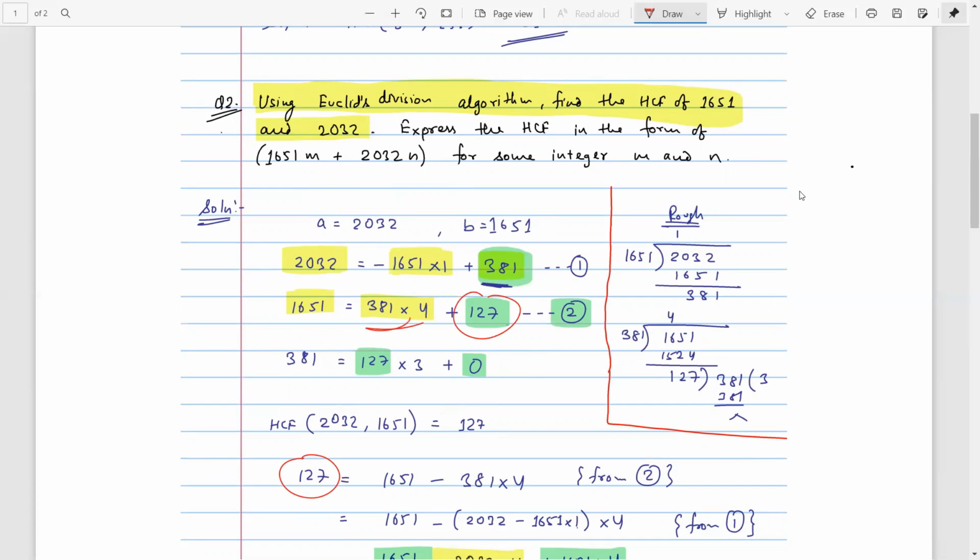So I can transpose this part to the left-hand side. And what will this 127 be equal to? It will be 1651 and the minus of this whole thing when it goes to the other side. So from the second equation, I have written 127 is equal to 1651 minus 381 times 4. So this thing has come from the second equation.